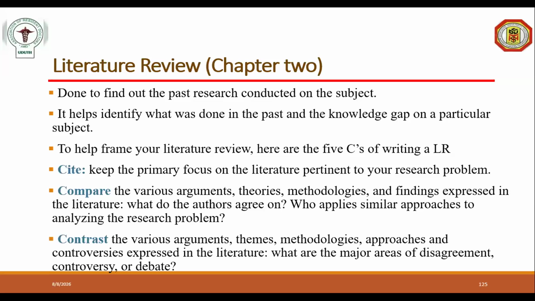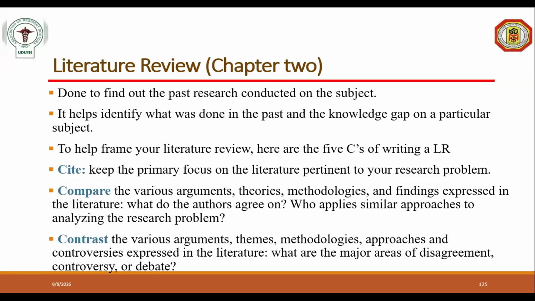So first of all, let's start with the outline. How do you take the outline of your specific objectives, or how do you go on to write the outline of your literature review? The first heading, you say Chapter 2, Literature Review.